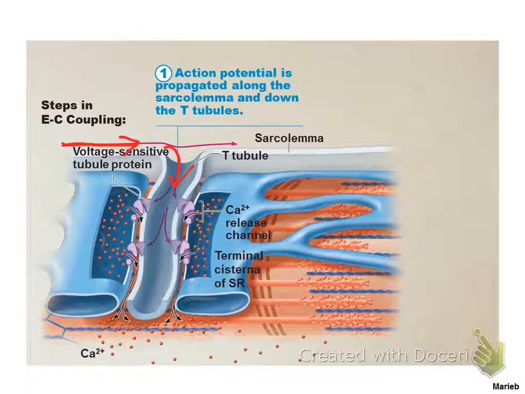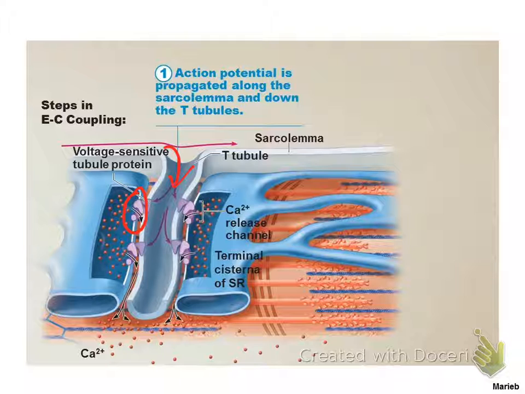It doesn't open and close. Instead, this voltage-sensitive protein that we find in the membrane of the T-tubule, it's going to move. So we zap it with some change in voltage, it moves. And when it moves, it bumps into our calcium channels in the sarcoplasmic reticulum and opens them up.